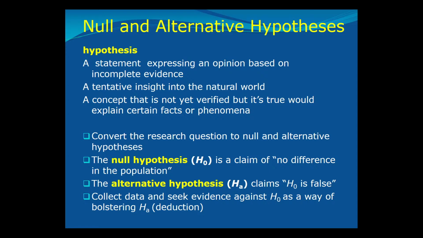Alternative hypothesis is the opposite hypothesis to the null one, and we denote it as HA or H1; it claims H0 is false. So the first step in hypothesis testing is to set up null and alternative hypothesis about the fact or about the phenomena we are interested in.